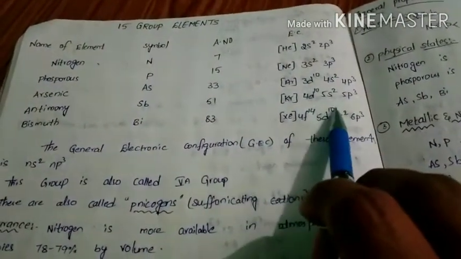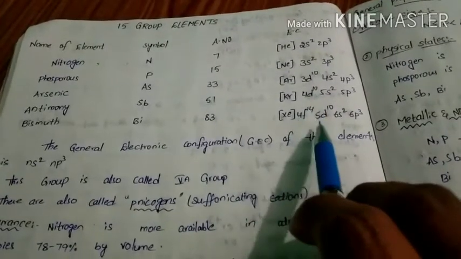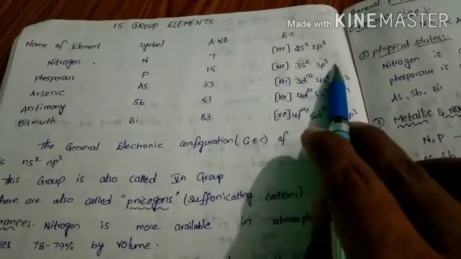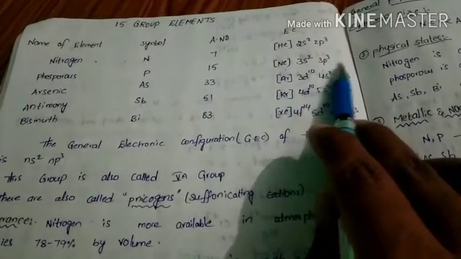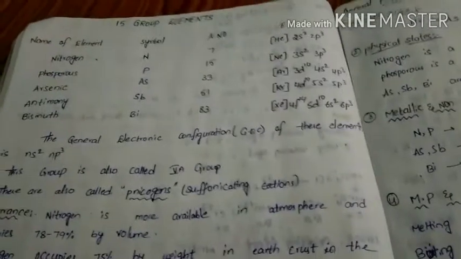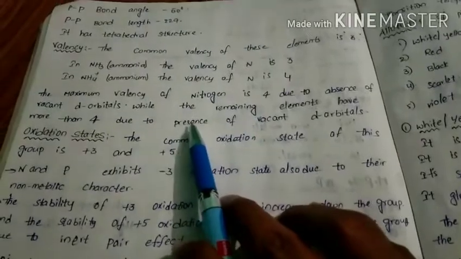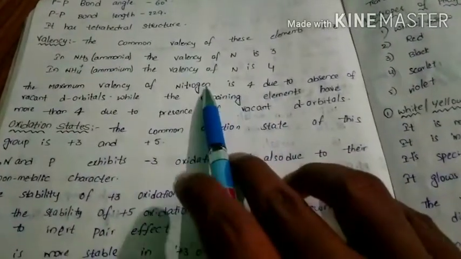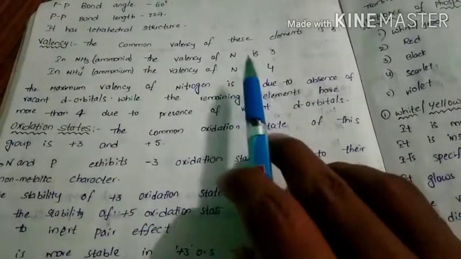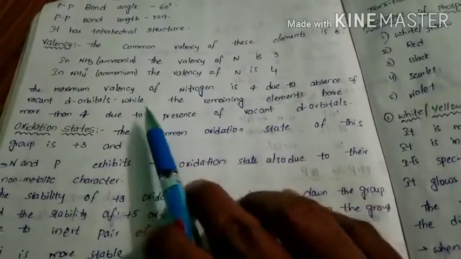The rest of the elements have d subshells: 3d, 4d, 5d. Here also a d subshell is there, but the 3d subshell is vacant, 3d0. So due to the presence of vacant d orbitals, they can form more than 4 bonds, but nitrogen cannot form more than 4 bonds due to the absence of vacant d orbitals.